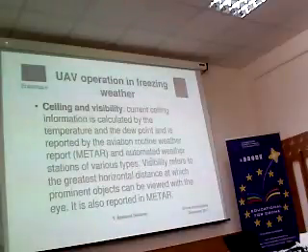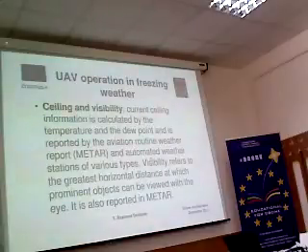Visibility refers to the greatest horizontal distance at which prominent objects can be viewed with the eye. It can also be reported in meters, so this information we can get from the METAR.